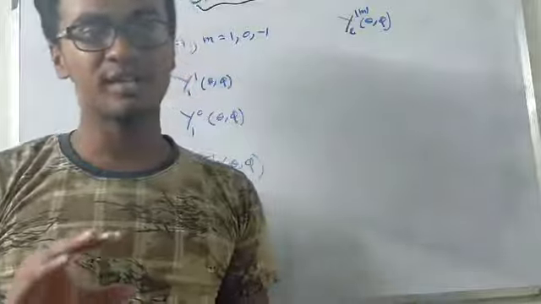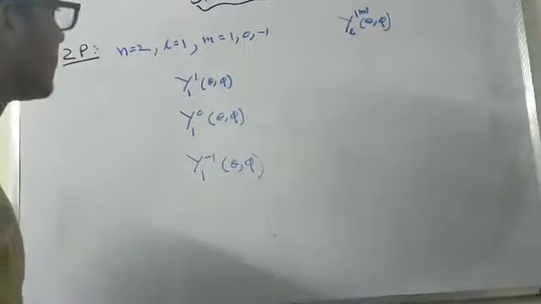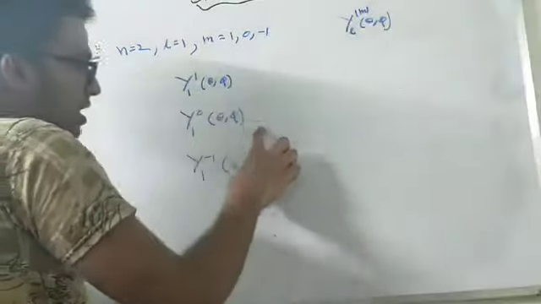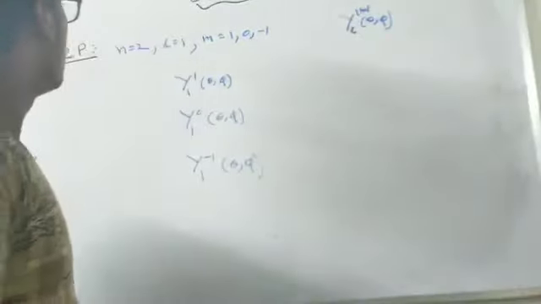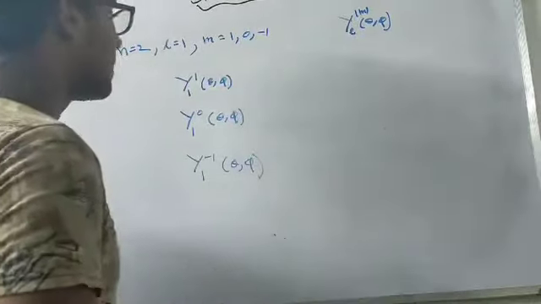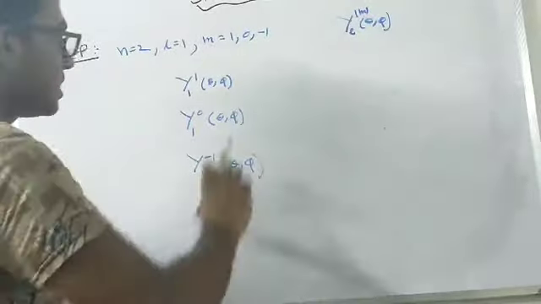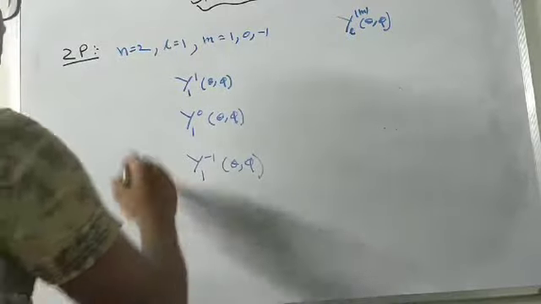The most observable point in this part is that for the p orbital I get 3 angular wave functions. Due to these 3 angular wave functions I get 3 p orbitals.